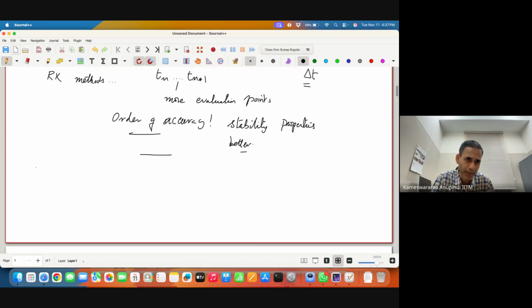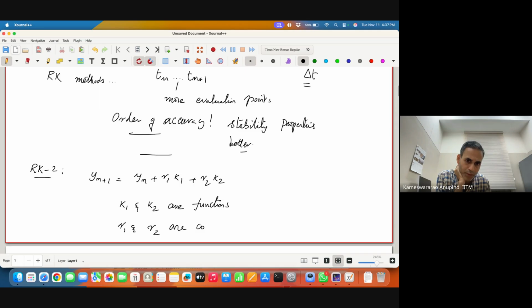So in general, in second order accurate methods, that is RK2, we will write yn plus 1 equals yn plus gamma 1 times k1 plus gamma 2 times k2, where k1 and k2 are functions. Okay, so they are functions, and gamma 1, gamma 2 are constants to be determined.